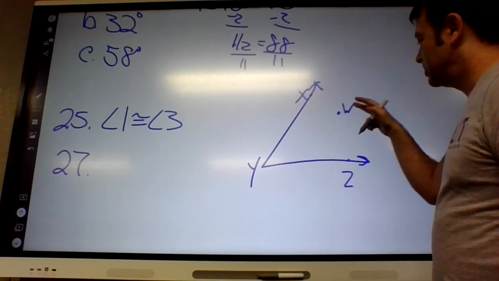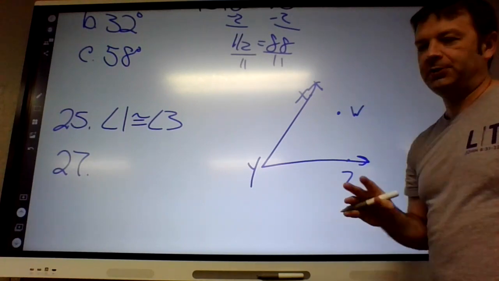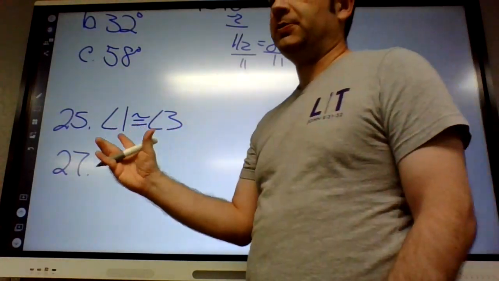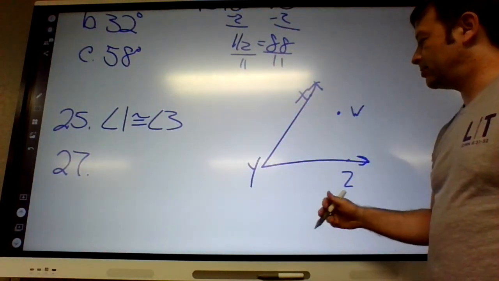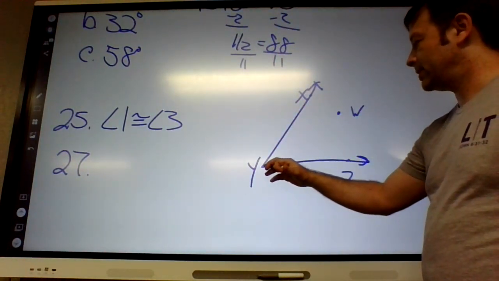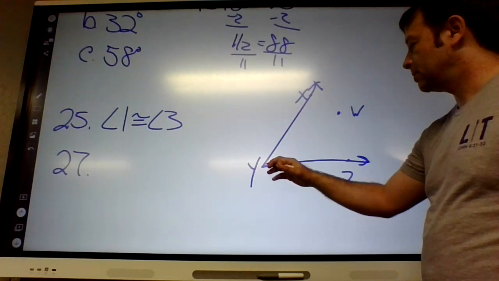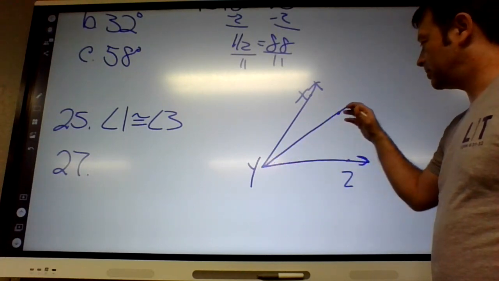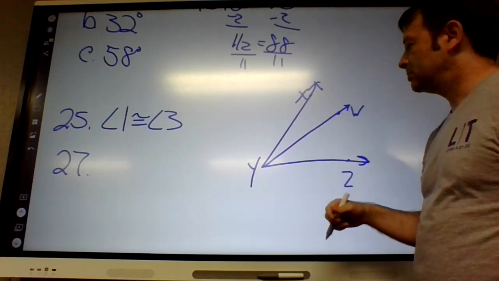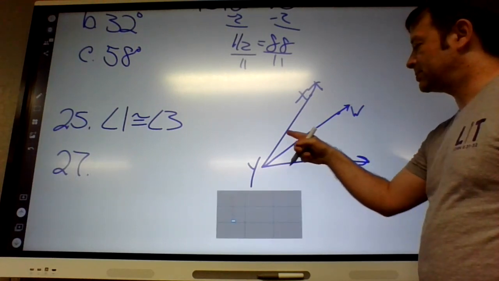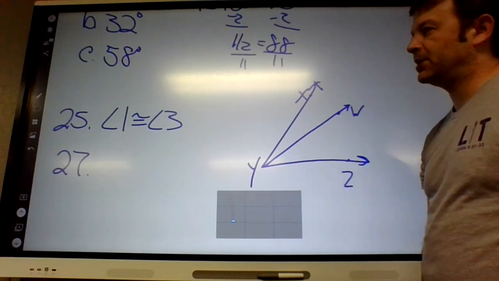Then line 2 says blank because of the angle addition postulate. So what do you think we know about angle adding here? If I make that an angle, then this plus this equals that. That's the angle addition postulate.